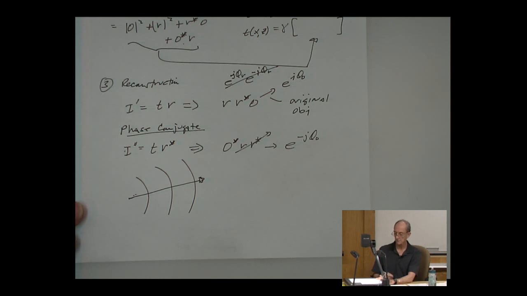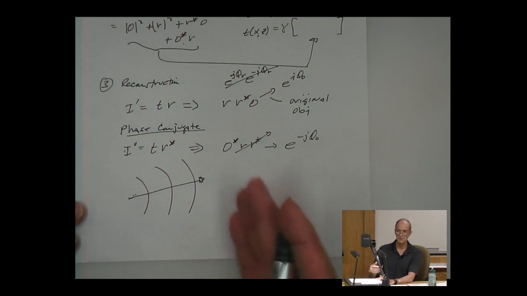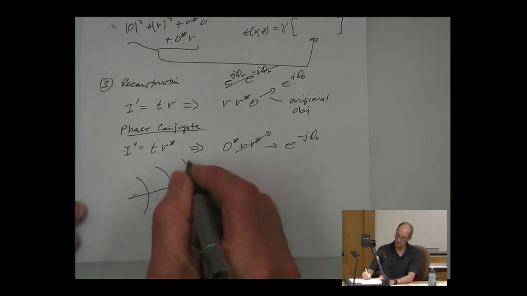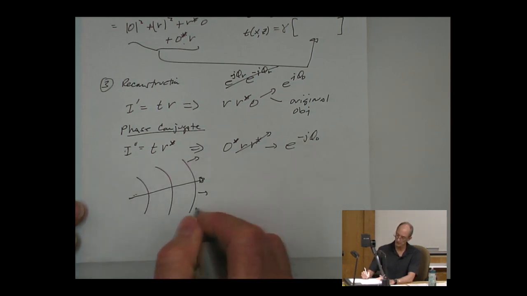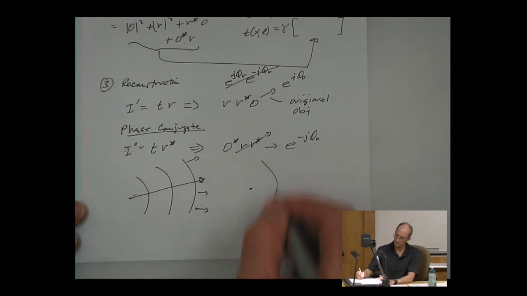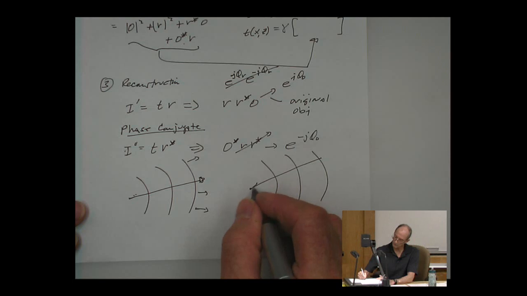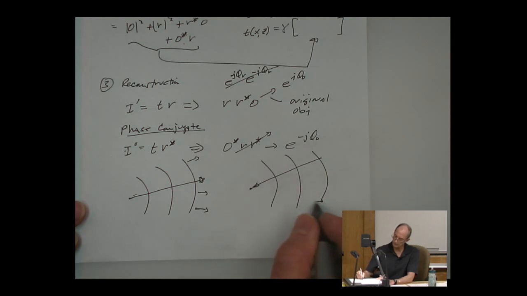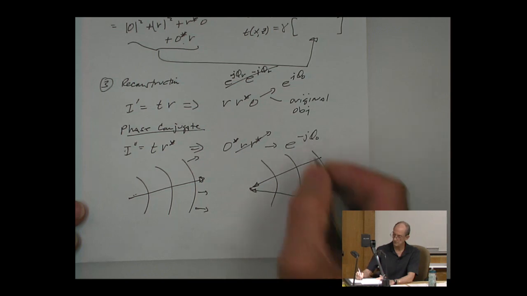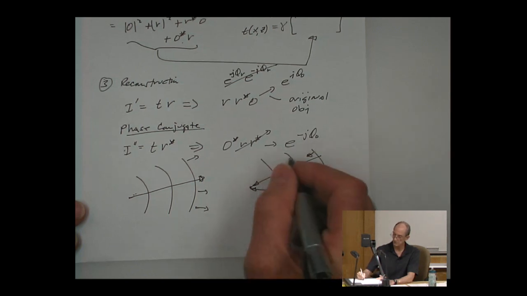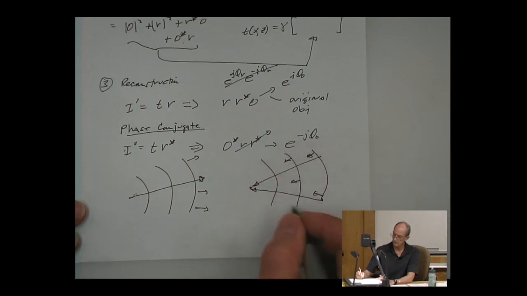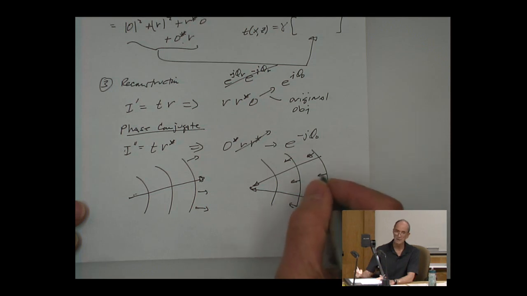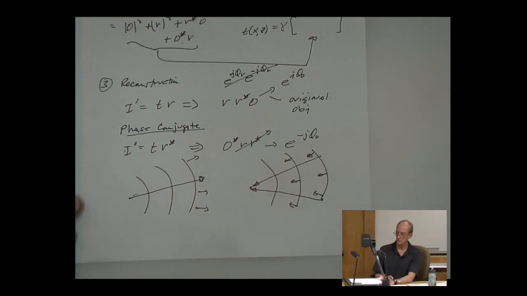If we have a phase conjugate, we do a kind of time reversal, and so instead of going out like this, we then have an actual convergence of the field coming in, and so these phase fronts are reversed, and we then get a convergence of light.